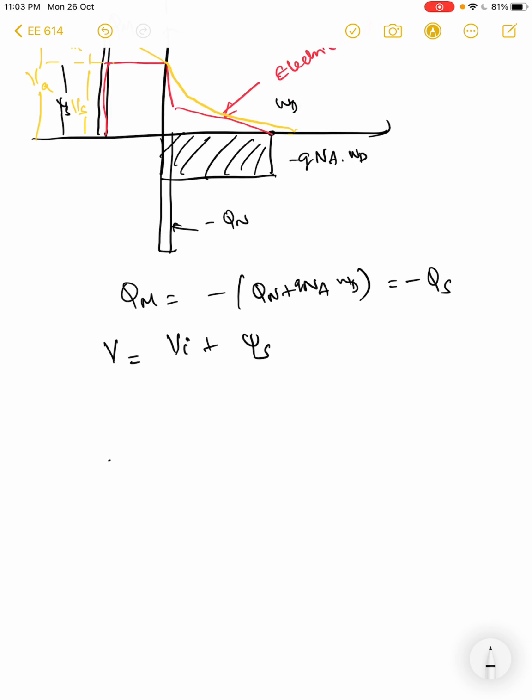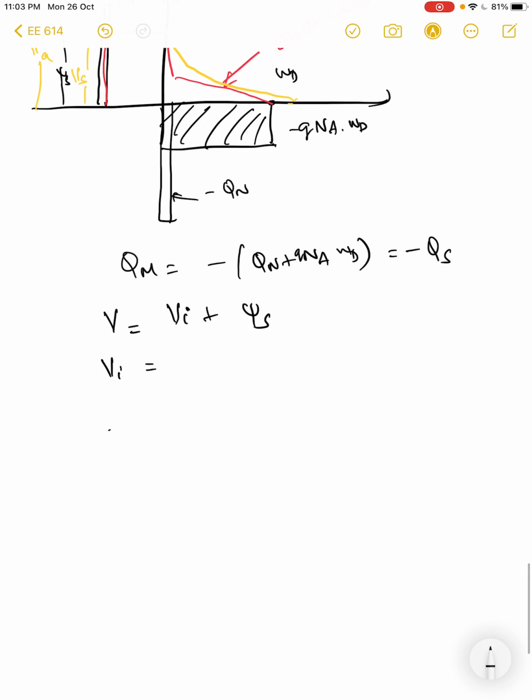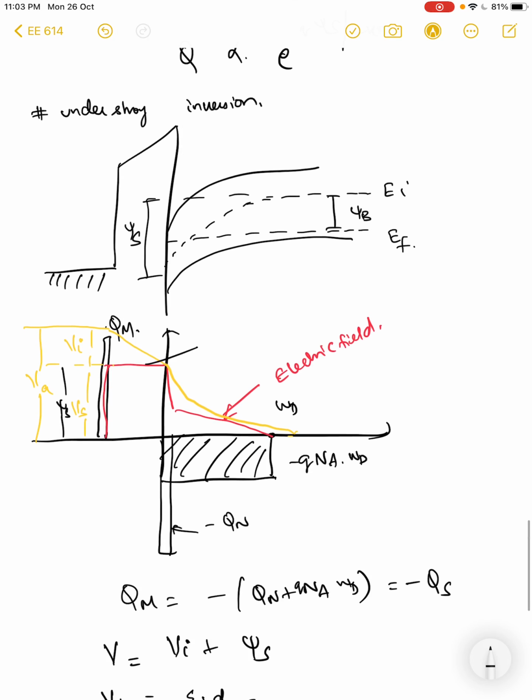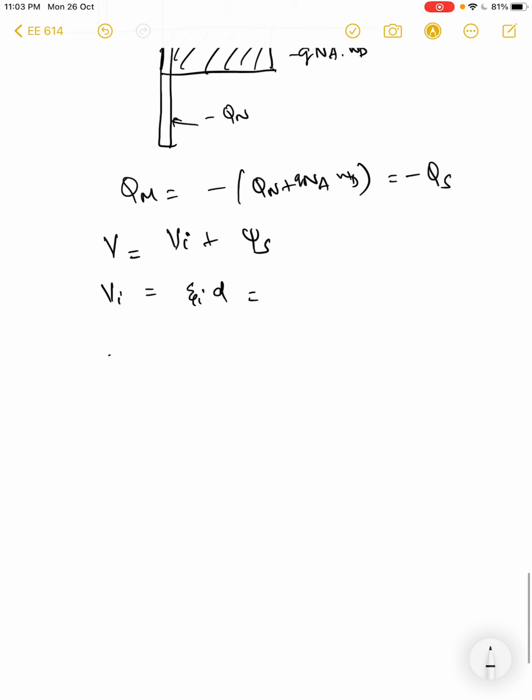And you can easily see that the potential at the interface is basically Ei into d, where Ei is the electric field at the insulator, which will turn out to be Qs by epsilon I into d, which is Qs by Ci, where Ci is the insulator capacitance, right?